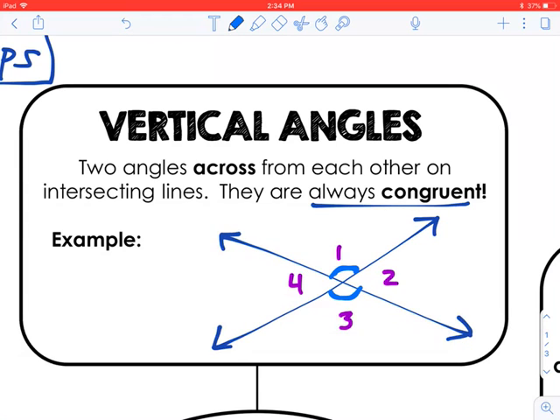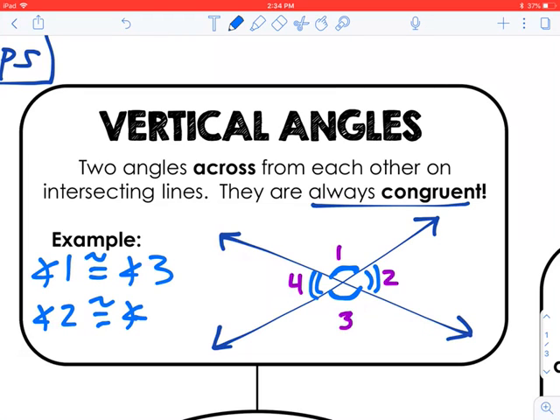So angle 1 is congruent to angle 3 because they're vertical angles. And then 2 and 4, mark those the same because angle 2 is congruent to angle 4 in this picture.